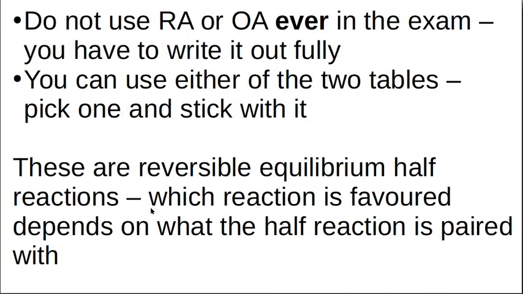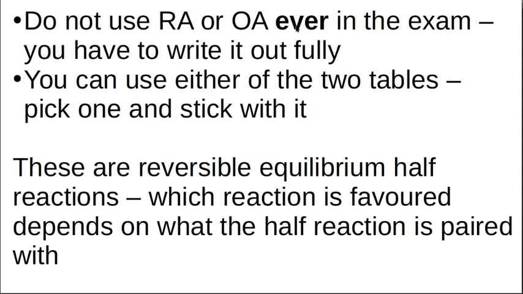The thing here to remember is that reducing agent and oxidizing agent are really long to spell. So sometimes you'll see them abbreviated like that. And if you're studying, you might be tempted to abbreviate them to RA and OA. You may not do that in the exam. Okay, never, ever. It comes up often in the memos.